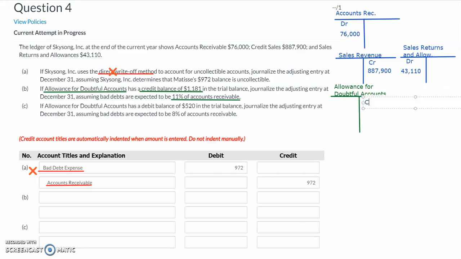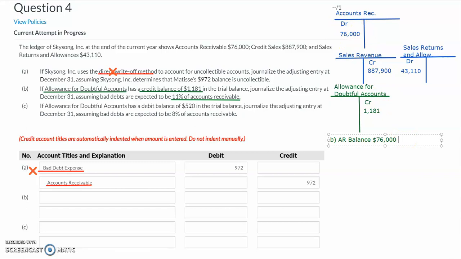In our allowance, we have a credit balance of 1,181. And for our adjusting journal entry, we need to determine what would be our estimate for our allowance for doubtful accounts. So to determine this, for Part B, we're going to take our accounts receivable balance, which is $76,000. This is given to us in the beginning of our problem where we drew out our T account for our accounts receivable.